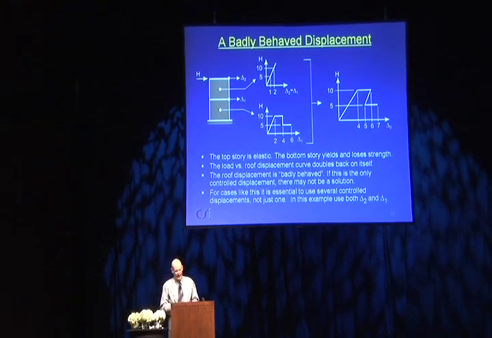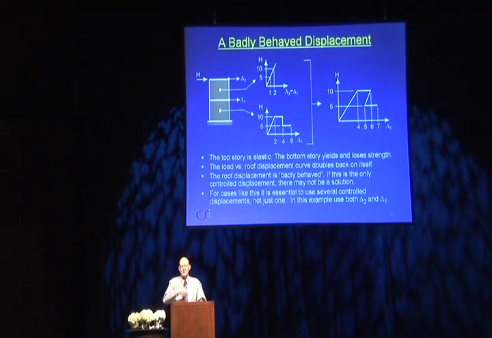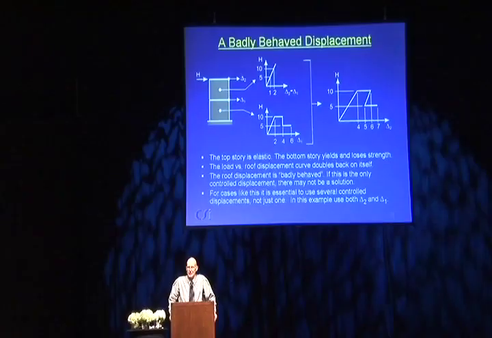You won't get nice equal displacements at the roof, but you'll still get a good curve. So this particular example illustrates a badly behaved displacement. It also illustrates that particularly if you have strength loss, in fact, always if you have strength loss, you must use multiple control displacements because otherwise you can get into trouble.